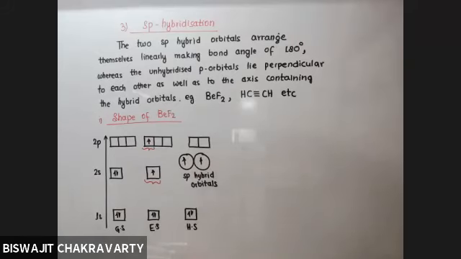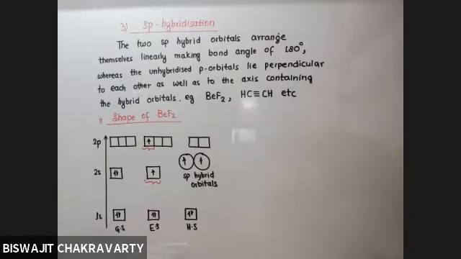Okay. Now, we know that beryllium fluoride is sp hybridized. How to find out whether it is sp hybridized or not? Add up the valence electrons. Remember the formula that I gave you? And if it is less than 8, divide by 2. If it is greater than 8, divide by 8. So that way, beryllium fluoride will give us sp hybridization.